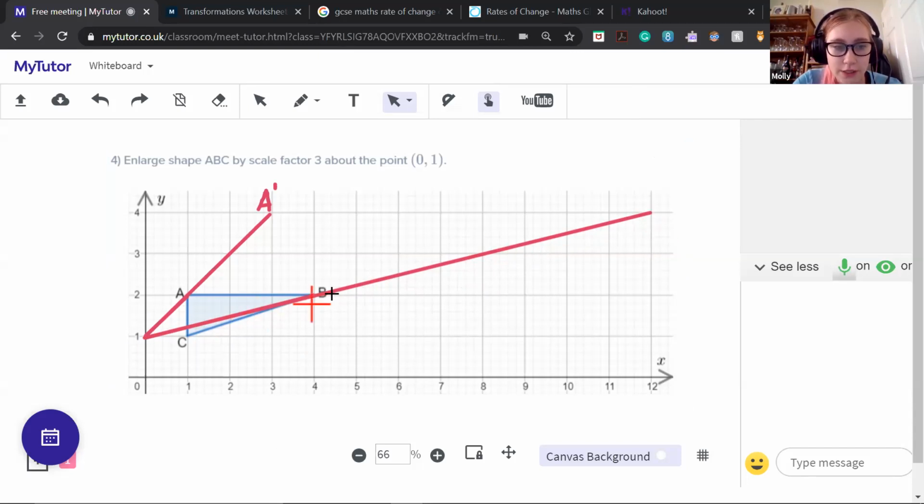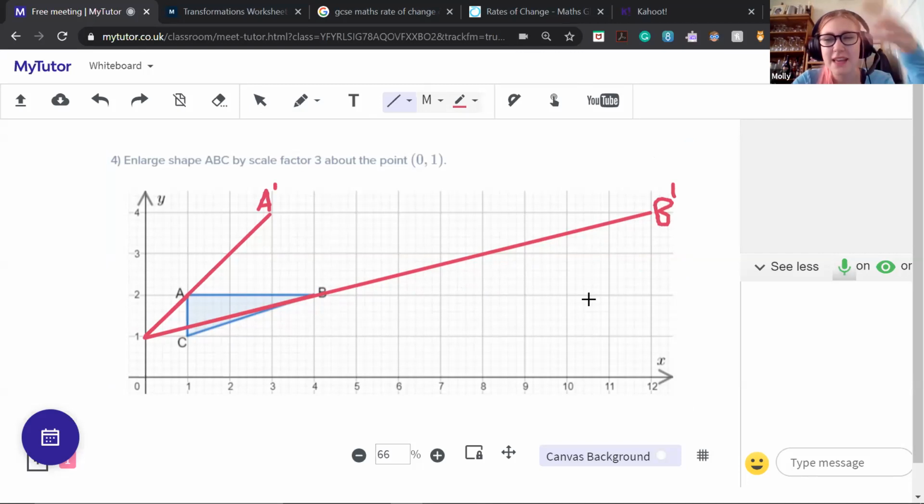So you always do what you see from the center of enlargement to the point, and then do that again from the center, 3 times, or however many times your scale factor is. So then finally, let's mark that as point B dash.